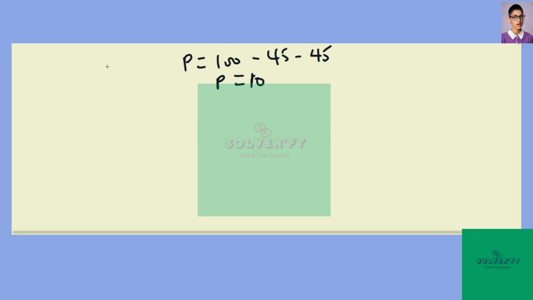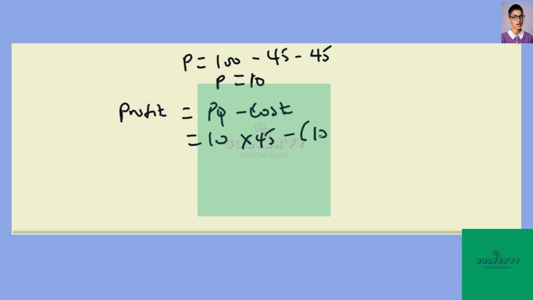So the profit of one firm would be equal to PQ minus cost, and then it will be equal to 10 multiplied by 45 minus (10 multiplied by 45 plus 1 over 2 multiplied by 45 squared). And then this will be equal to minus 1012.5.